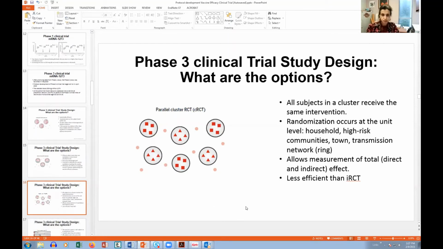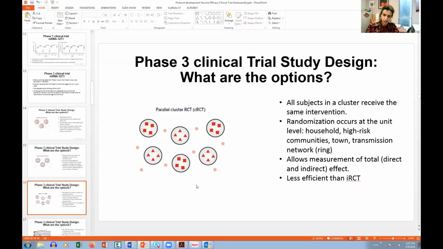The other option is the parallel cluster randomized trial. Here, all subjects within a cluster are randomized and they receive either vaccine or the comparator, usually placebo. Randomization occurs at a unit level, meaning the unit is maybe a household or a high-risk community or even a town.